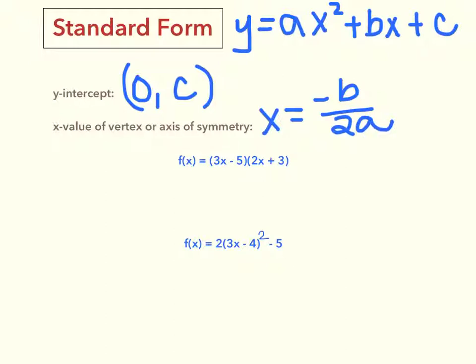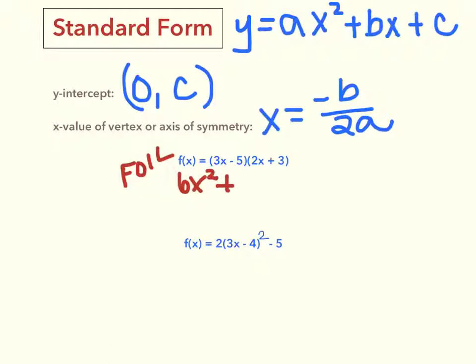So what we're going to start doing now is changing from different forms, like this is factored, this is vertex, and we want to change back to standard form. The way you do that is if you look right here, this is a factored form. You've got 2 sets of parentheses, so all you would need to do here is FOIL. So if you were to FOIL 3x times 2x, that would be 6x squared.